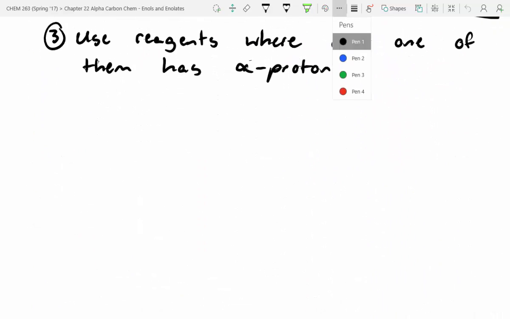Okay, so let's do some practice problems. Let's figure out a way to make this compound.